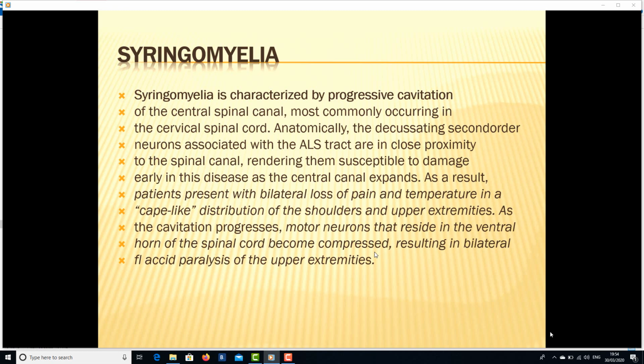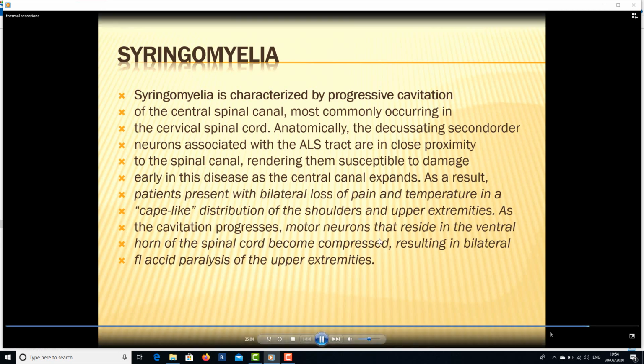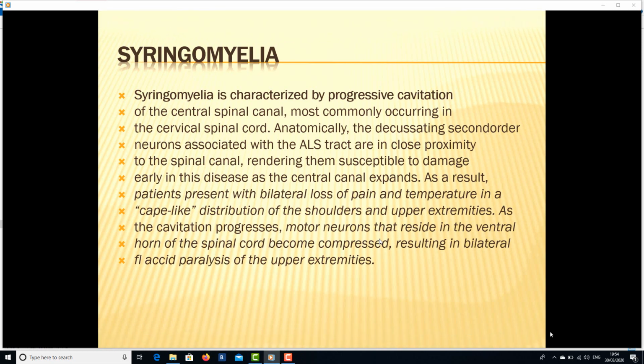Syringobulbia is the upward extension of cavity formation to involve the lower brainstem, and over here we have the same effects: sensory loss on the face, Horner syndrome, nystagmus, and flaccid paralysis if it is extensive. So it is quite important.